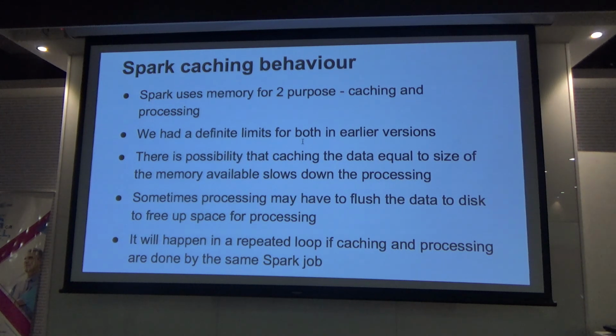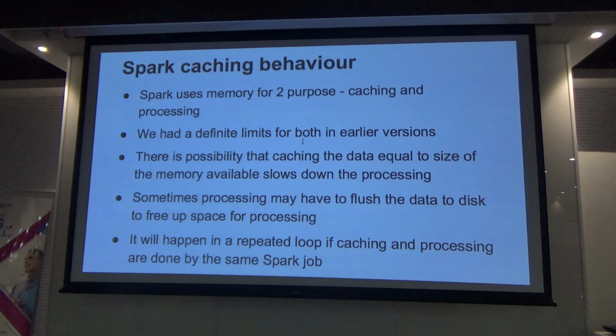Now, if you have 1 terabyte of memory and you cache 1 terabyte of data, processing does not have memory to do the calculation. So processing keeps flushing the data to disk to free up some memory, and whenever you need the data again, it is not present in memory, so it goes to read it again.